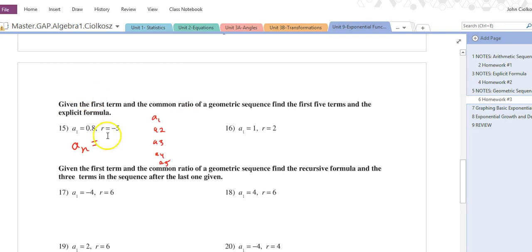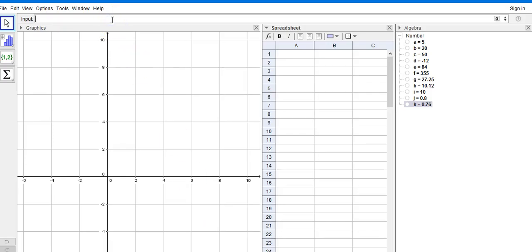As far as GeoGebra goes, to get the up to symbol, so to get it up in the exponent, let's say I want to do 5. To get the times, hold the shift key and press 8. That gives me my multiplying. And let's say I had an r of 0.5, and I want to go up to n minus 1. So let's say my n was 10. To get up to, you're going to hold the shift key and press the number 6 to get that up arrow.